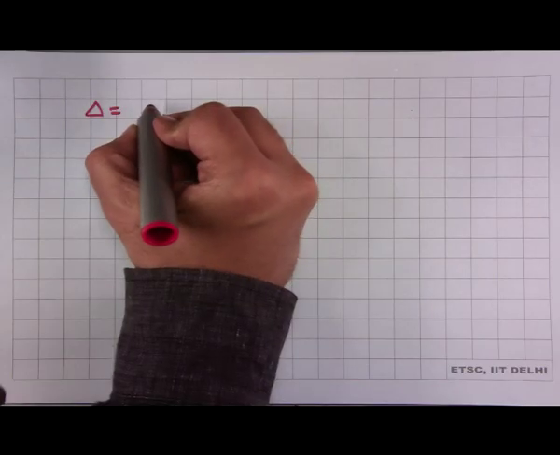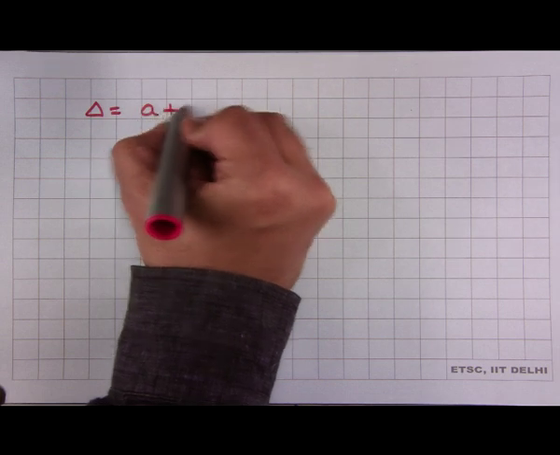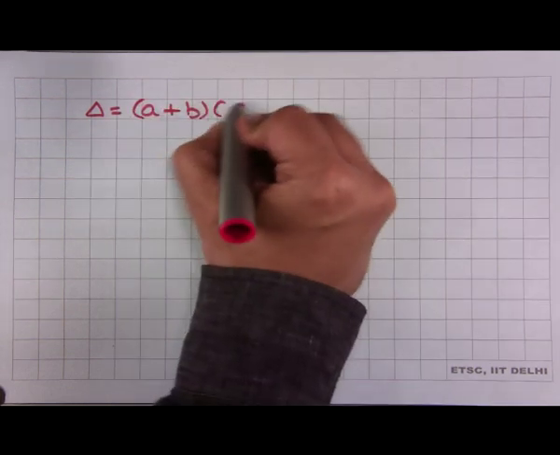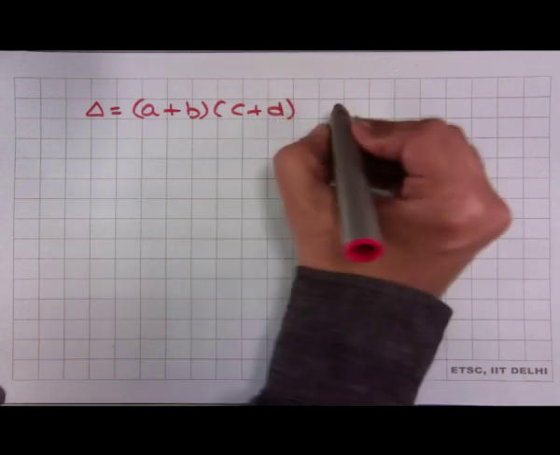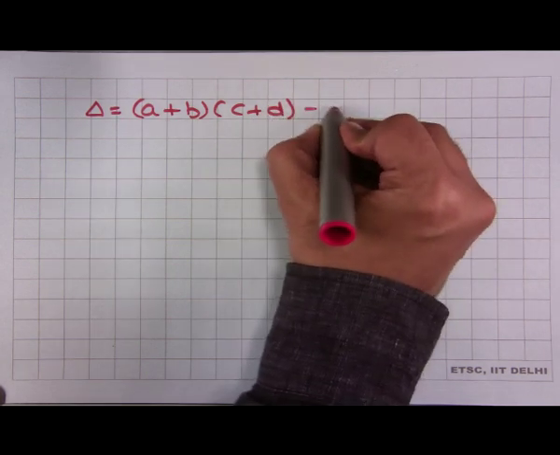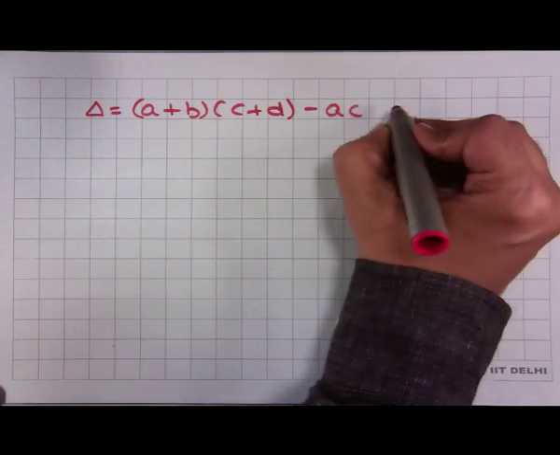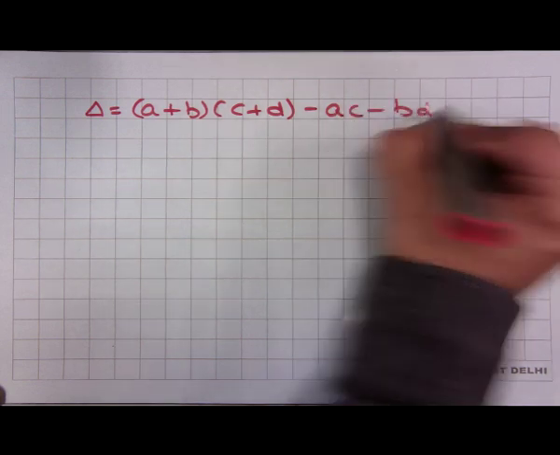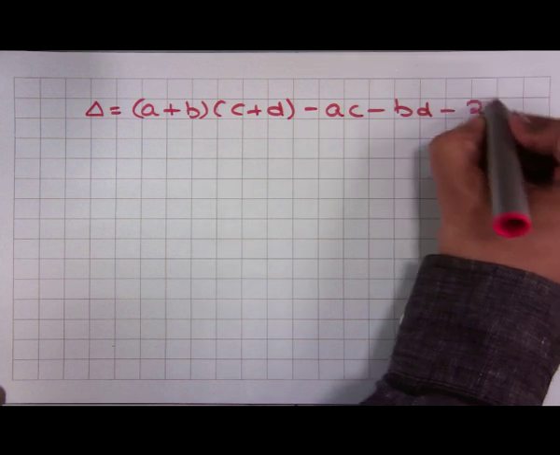Let us simplify this expression. Delta is a plus b times c plus d, and collecting those expressions we have minus ac minus bd minus 2bc.